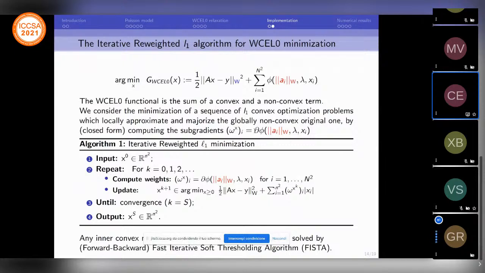So by means of a weighted L1 minimization, we can compute by a forward-backward strategy the solution of the relaxed model. The idea is to use a fast iterative soft-thresholding algorithm with these weighted terms on x.